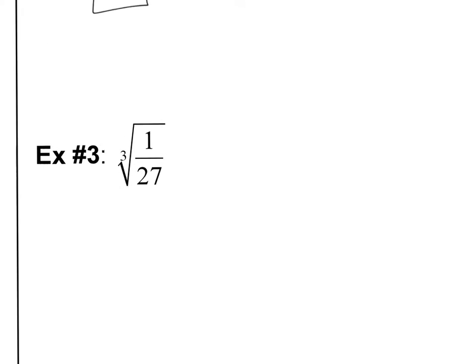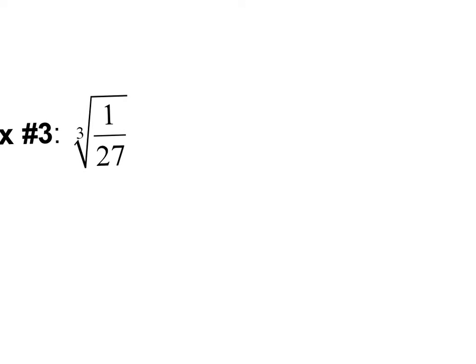Okay, for example 3, I want to let you know about something, and we'll talk about this more later, but you can manipulate this so that they're asking for the third root of 1 over the third root of 27. And this may make it just easier to think about. So what times itself 3 times equals 1? Well, that should be easy.